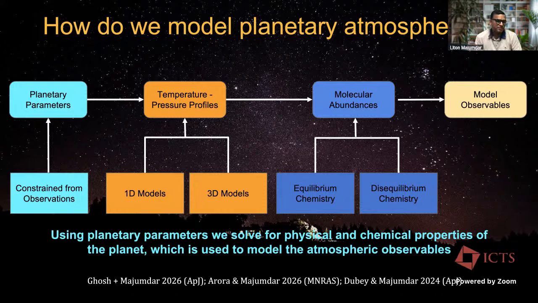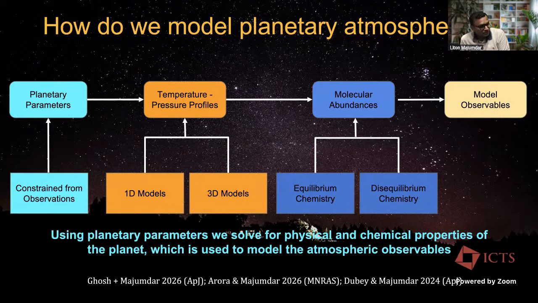When you know the planetary parameters for any planet that you are interested in, you can calculate in different ways the expected temperature pressure profile for the planet. One possible way is using parametric models, which are largely constrained from observations.